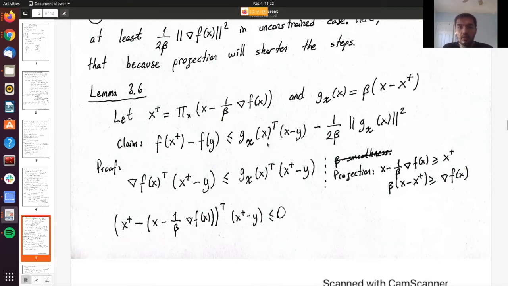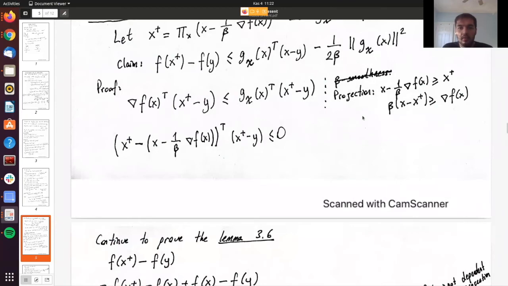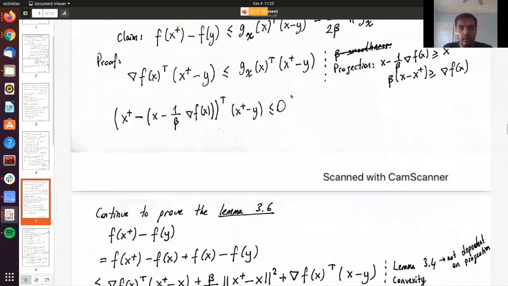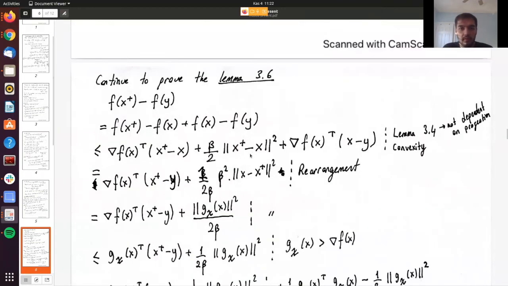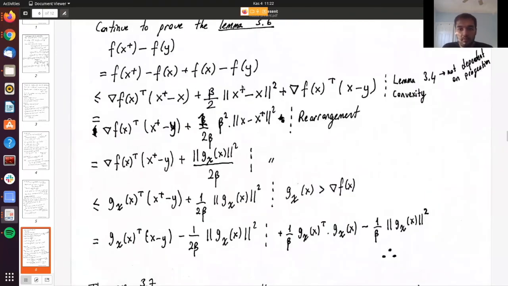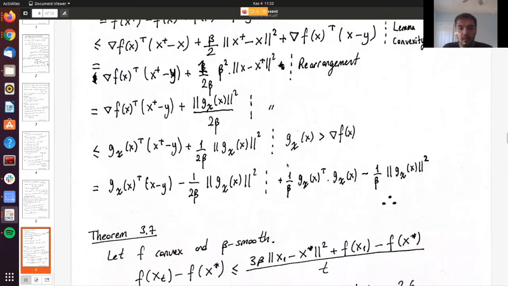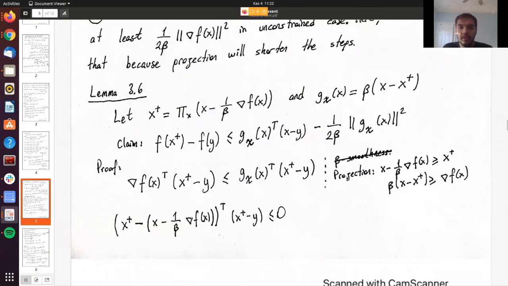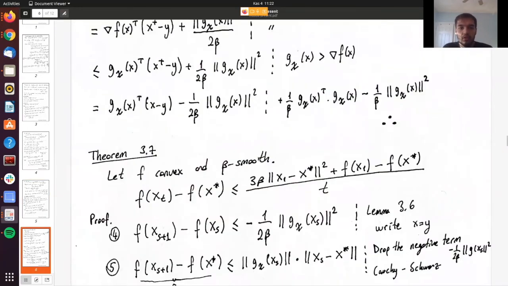Here's this for the lemma, and then after applying projection and some algebraic manipulations, we prove that, and we will use this lemma to actually show the bound.